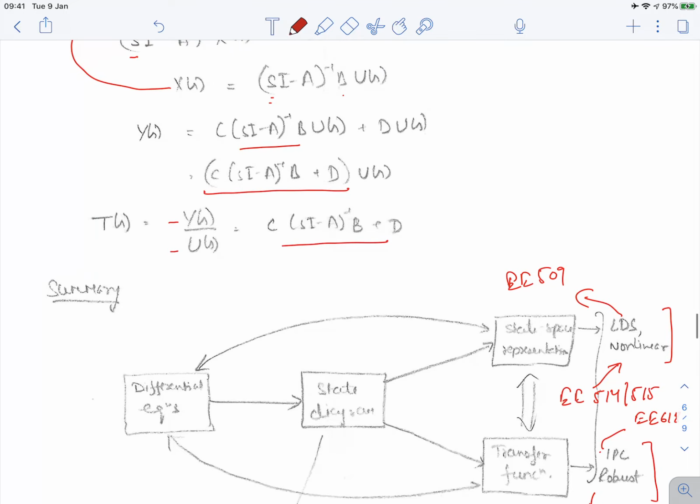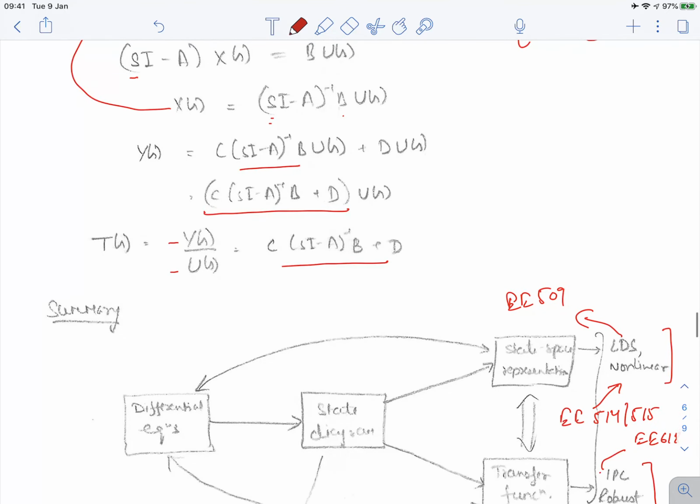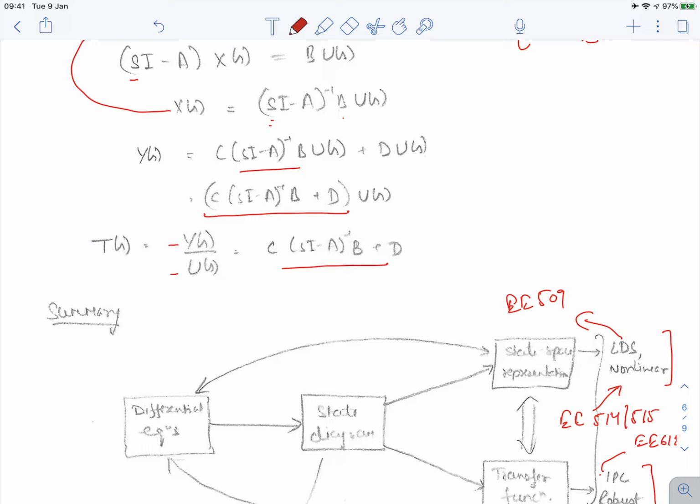suppose in this transfer function, I have either C matrix or B matrix, either of these matrices is 0.